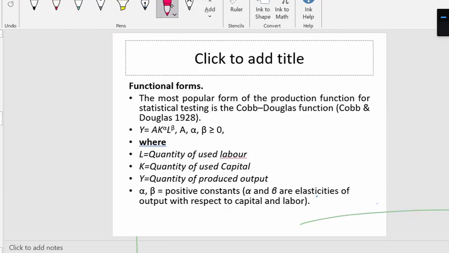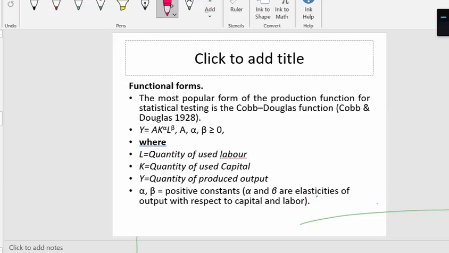This guy established a model which can estimate the output using what? This kind of formula. After employing capital, labor, he just established this kind of equation in order to compute some of the output. So this is a very common production function.